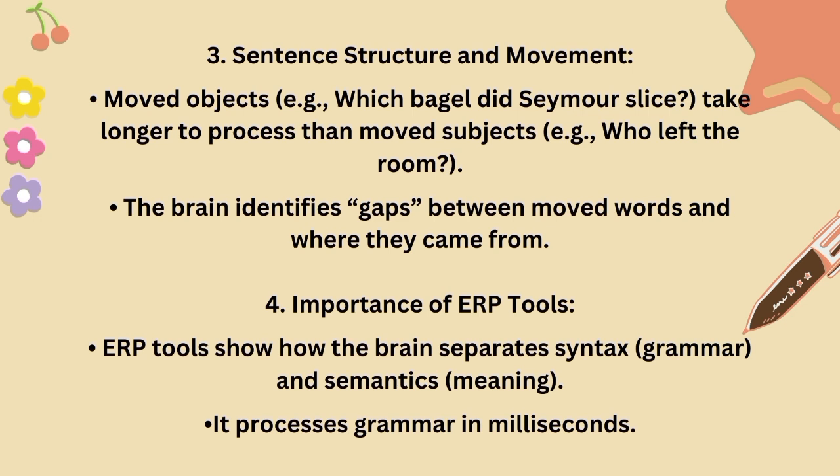This also means that scientists use tools like ERP to study how the brain handles syntax and meaning separately. These tools show that the brain can process grammar super fast, even in milliseconds. So I think that's all for my part, and I hope you guys learned something.